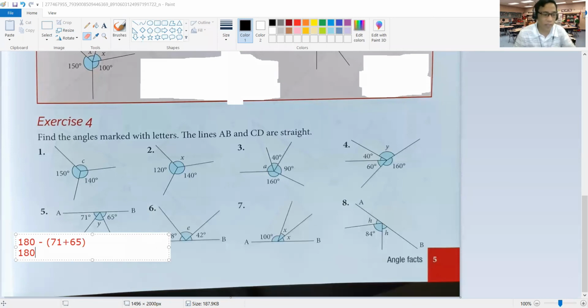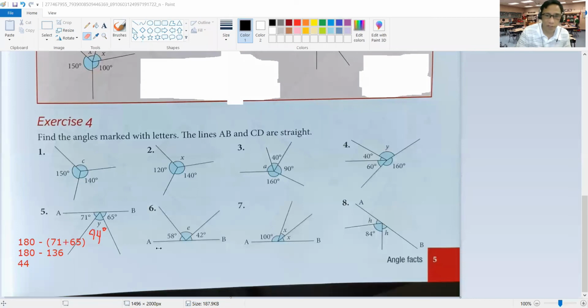So 71 plus 65 is 136. Then 180 minus 136 is equal to 44 degrees. So therefore, angle Y here is 44 degrees.